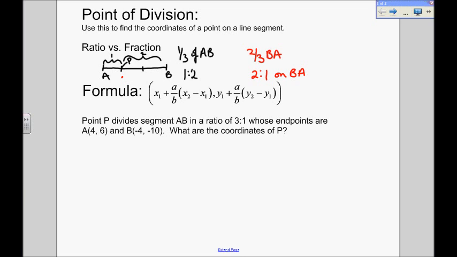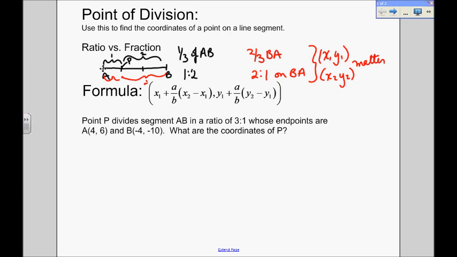Because if you start at B, your ratio is 2 to 1. So your starting point matters. What this means is x1, y1 and x2, y2 matter. They didn't matter when we did the midpoint because it was exactly halfway, and it didn't matter when we did the distance because it's the same distance.